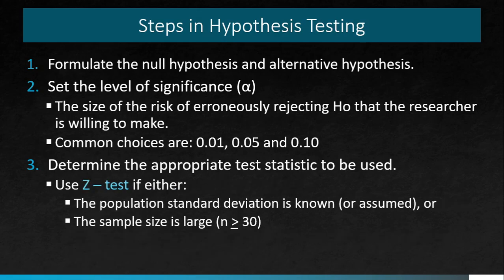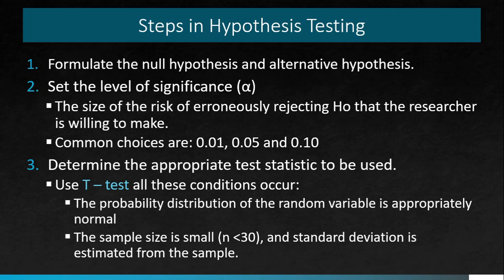Let's have a review. Z-test if sample size is greater than or equal to 30 and population standard deviation is present. T-test, sample size is less than 30 and standard deviation comes from sample, not population. And the distribution is considered to be normal. Okay, distribution of the variable.